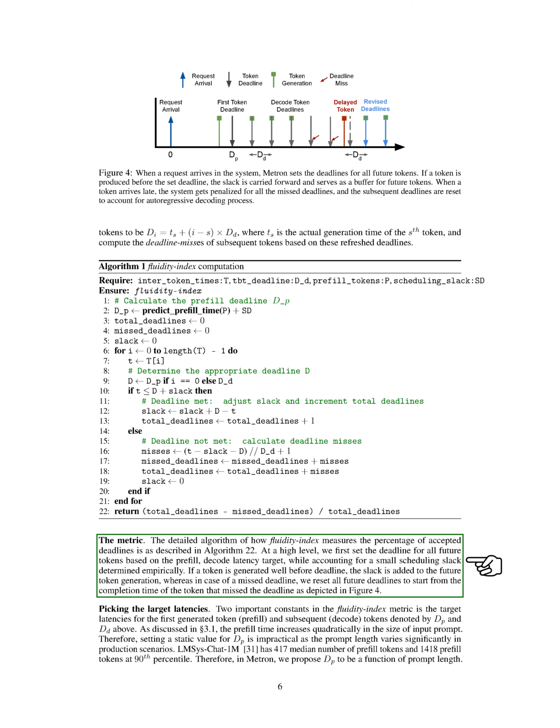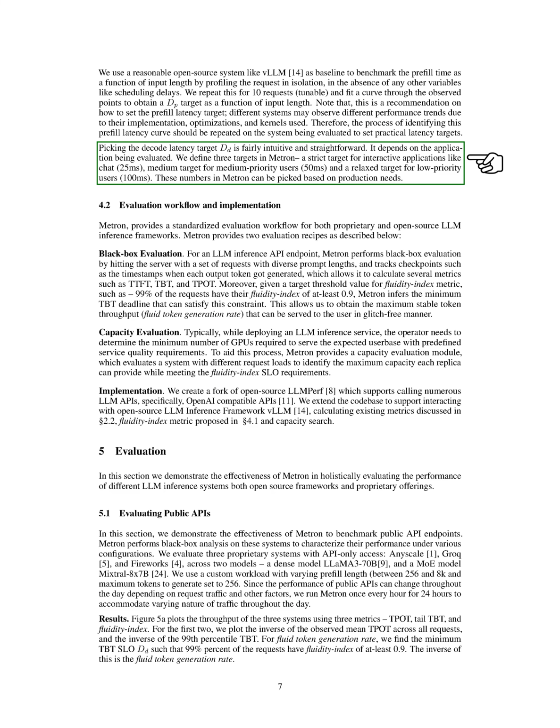Setting practical latency targets, such as the prefill and decode latency, is crucial for the metric's accuracy. Prefill latency targets should be tailored to the input prompt length, while decode latency targets can vary based on the application's requirements, such as interactive or low-priority applications. These targets should be determined empirically to ensure effective evaluation of LLM serving systems.